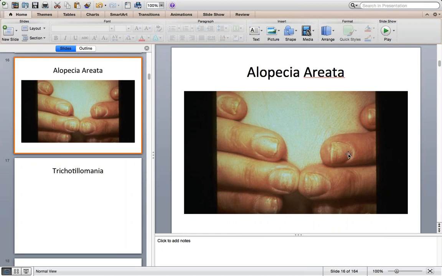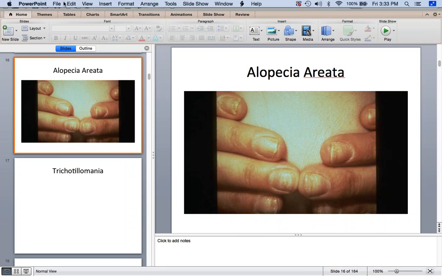You can see the same thing happens here at the distal part. There's some distortion of the nail, and this is pretty much what happens in this situation.